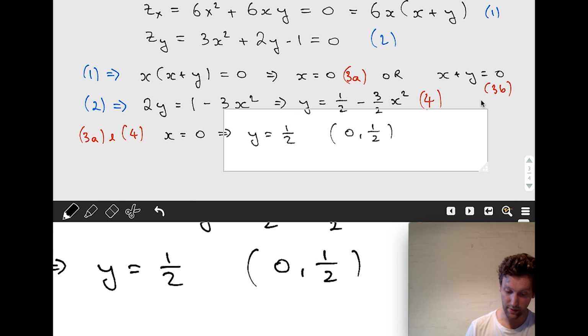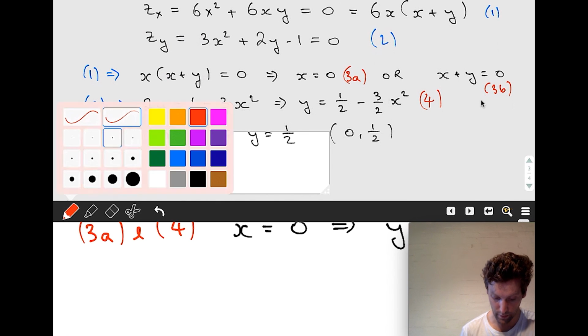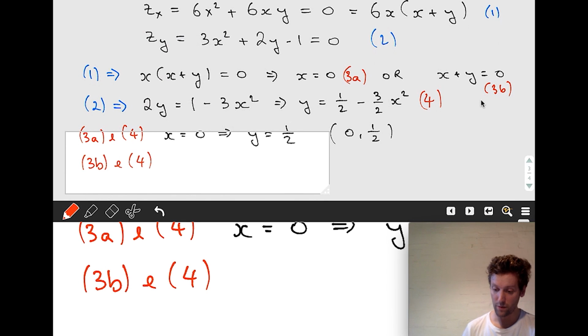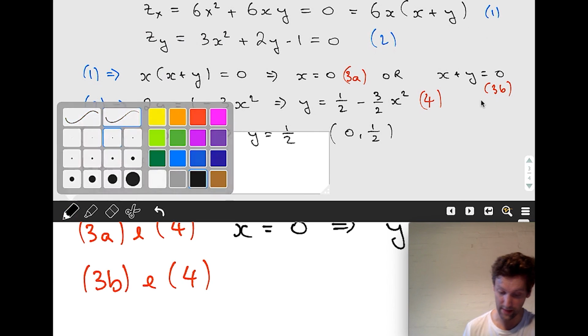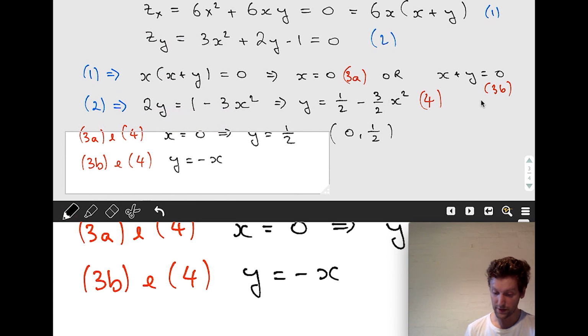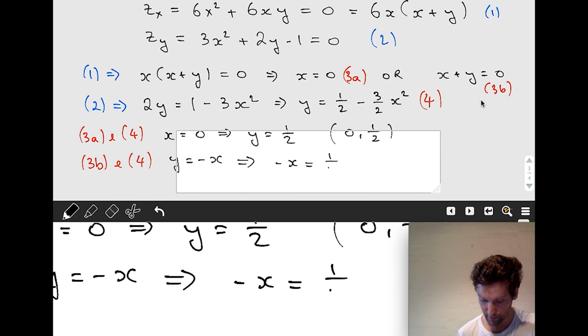The second possibility is 3b combined with 4. So in 3b, we found that x was equal to minus y, or y was equal to minus x. So if I substitute that into expression 4 to eliminate y, I get a single expression for x.